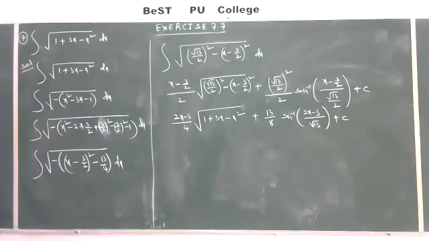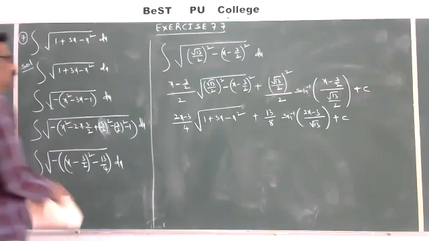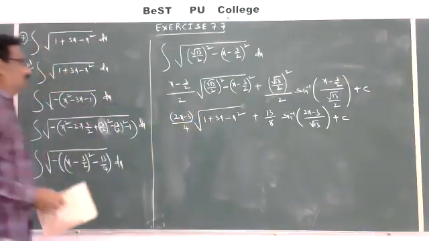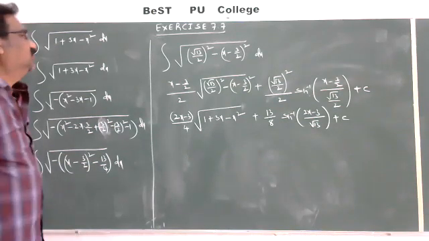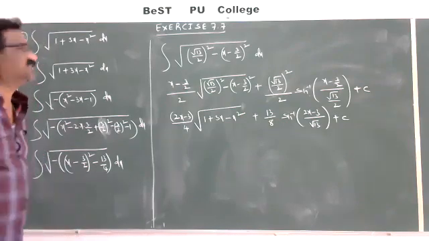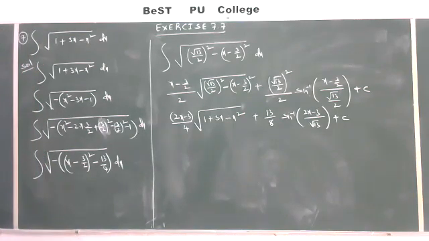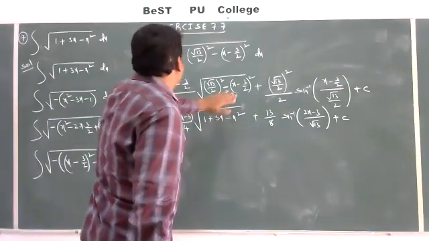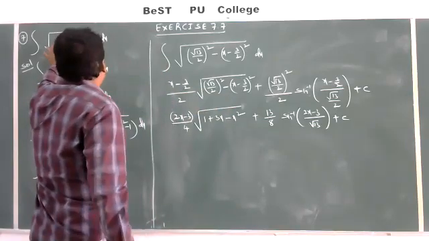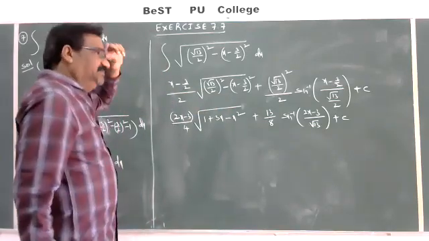That's enough. 2x minus 3 by 4 into root of 1 plus 3x minus x square plus 13 by 8 into sin inverse of 2x minus 3 by root 13 plus c. Here a square minus x square, this value is equal to this 1 plus 3x minus x square.